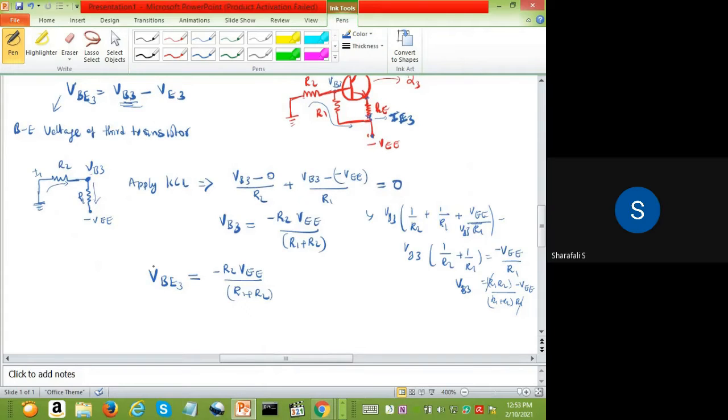VBE I am calculating. VBE will be equal to VB3 minus VE3. You can put equation numbers if you need. Put here 1, 2, substituting 2 in 1.